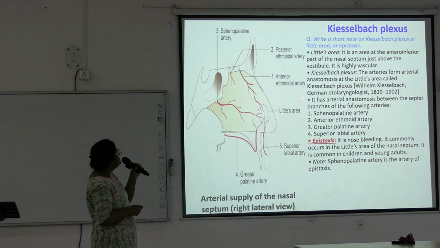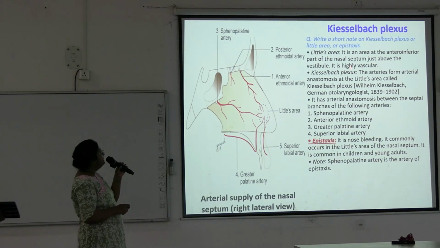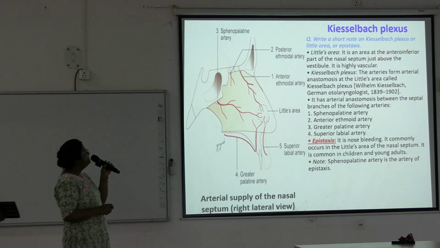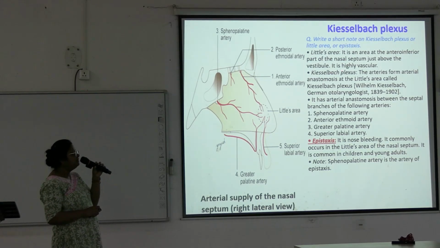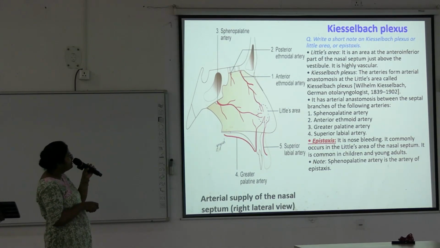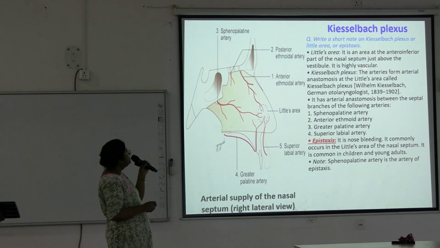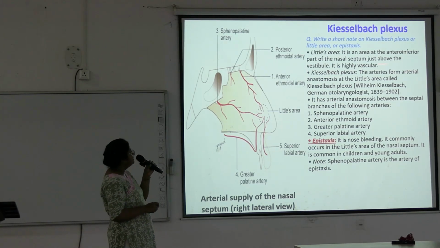Okay. So Little's area is an area at the anteroinferior part of the nasal septum, just above the vestibule, and it is highly vascular. Okay. One arterial plexus is formed here, that is known as Kiesselbach plexus. The arteries which form the arterial anastomosis at Little's area are called the Kiesselbach plexus.